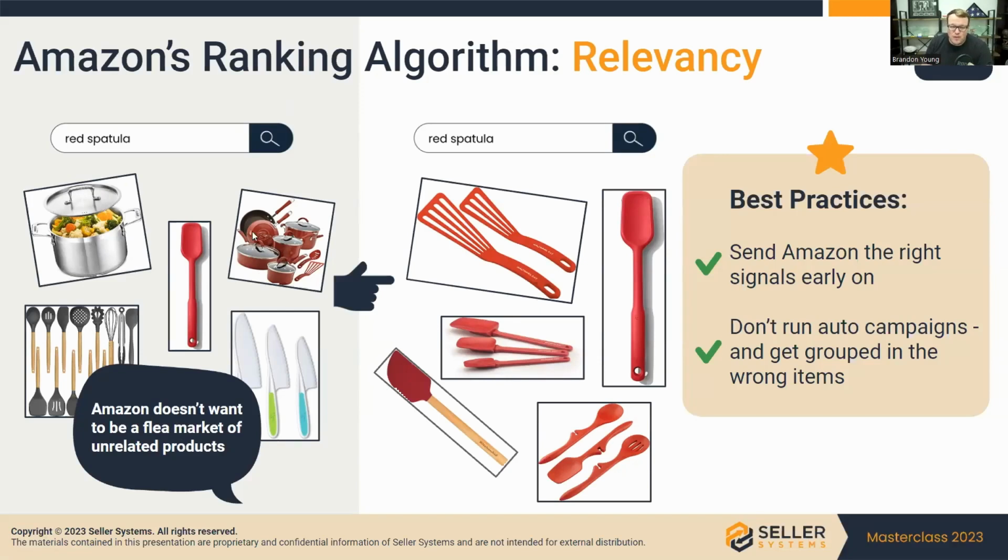Because if someone wanted this pot and pan set with spatulas, they probably would have searched for pot and pan set, or added the word set or utensils, or any number of keywords that would convey that they wanted this much larger kitchen set versus just a spatula. And they definitely don't want knives to show up, or cake cutters, or whatever these are.